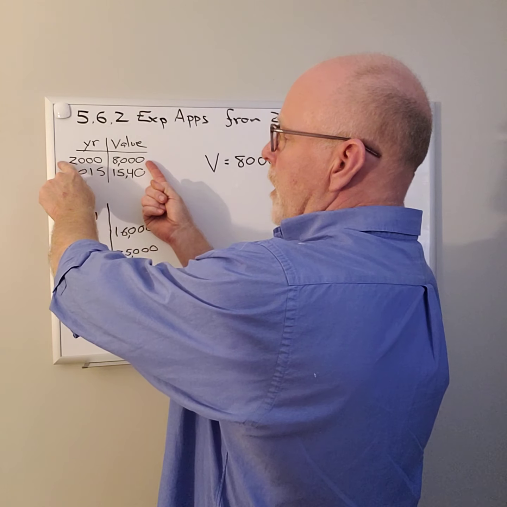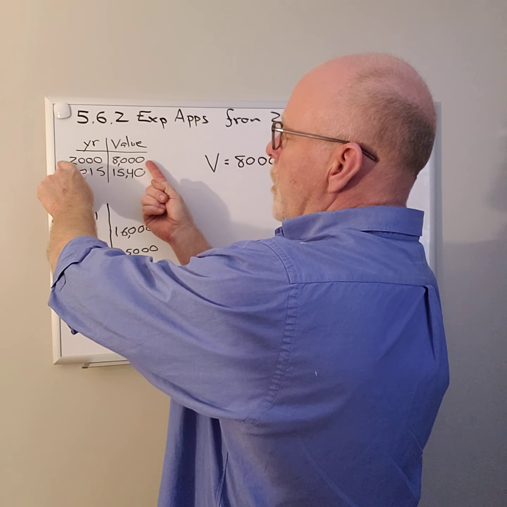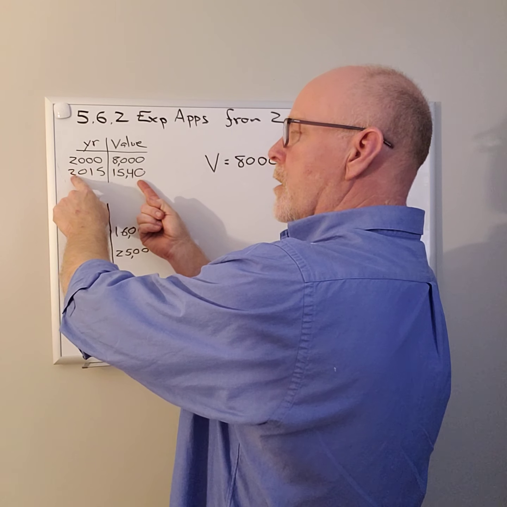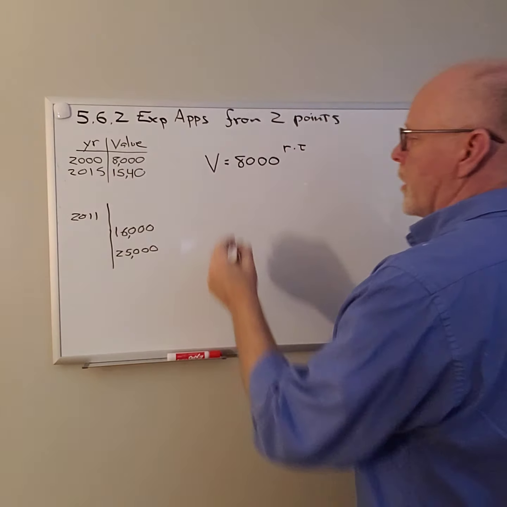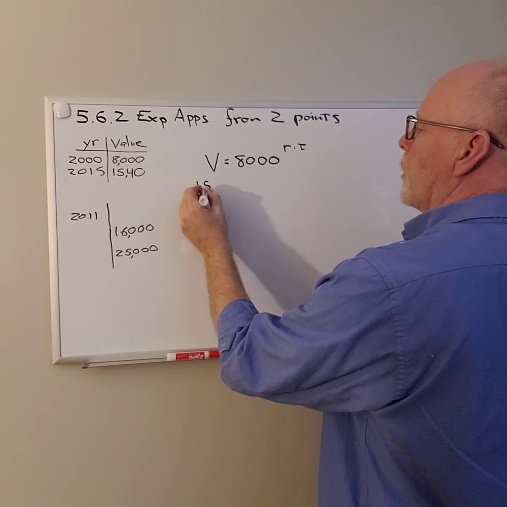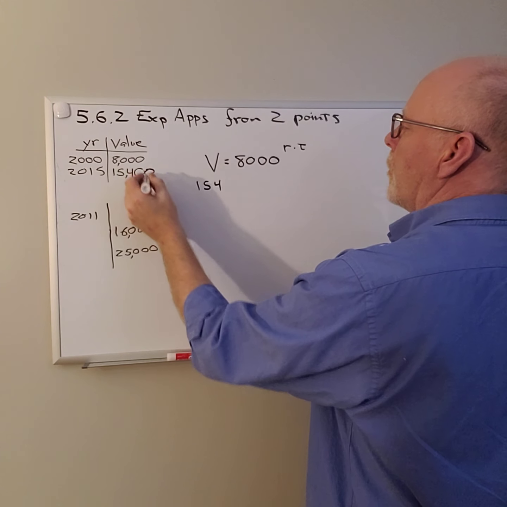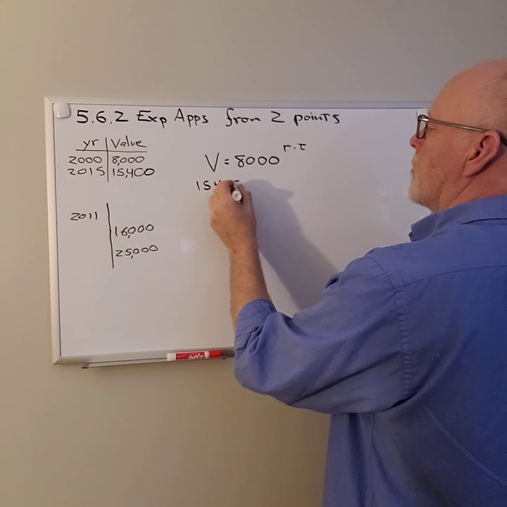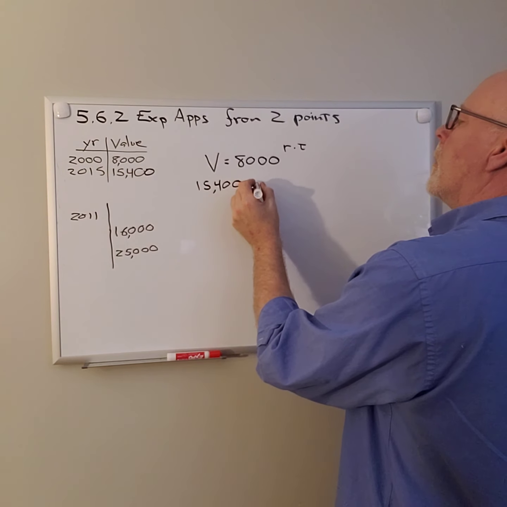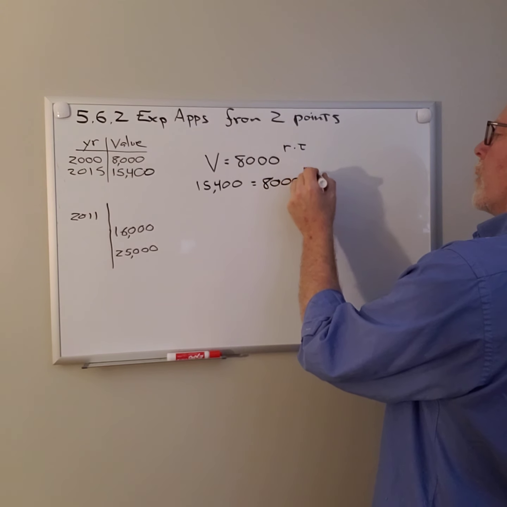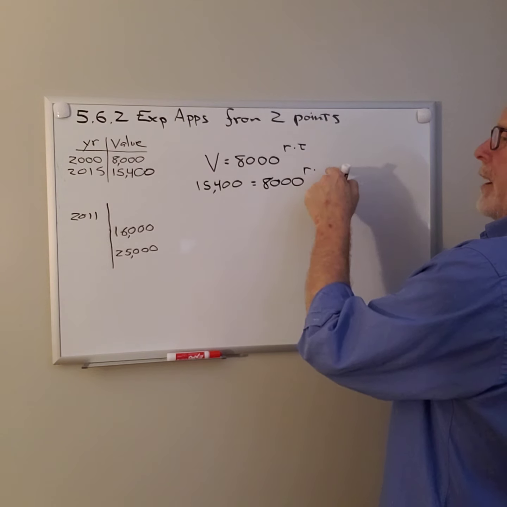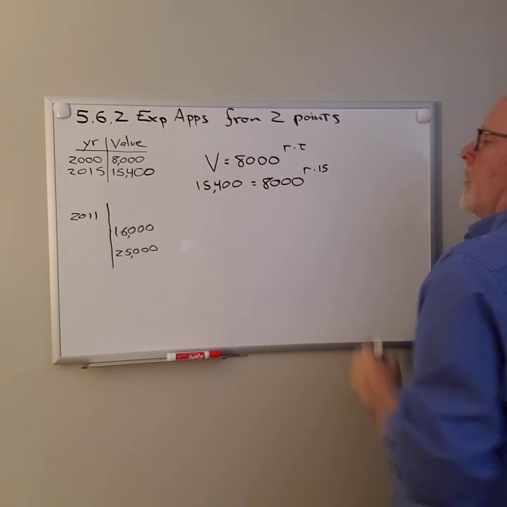If we call this the starting point, then we know that after 15 years from 2000, the value is going to be $15,400, excuse me. Started at 8,000, the rate, and we know that it's going to be that value after 15 years.